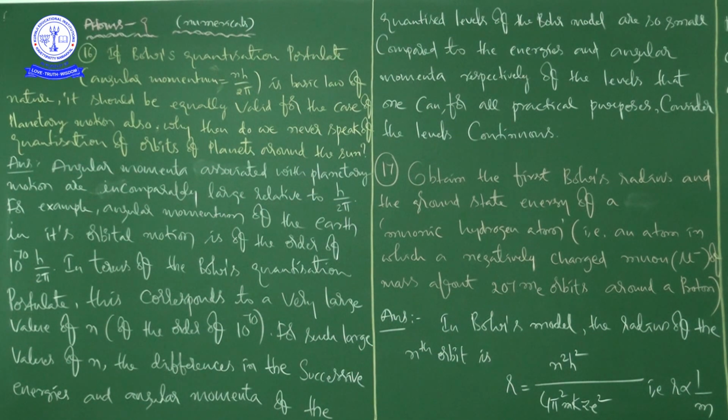If you see the last 4 lines of information, we are getting the same thing. For such large values of n, that is, 10 to the power of 70, which is not an ordinary number, the differences in the successive energies and angular momenta of the quantized levels of the Bohr model are so small compared to the energies and angular momenta respectively of the levels that one can for all practical purposes consider the levels continuous.